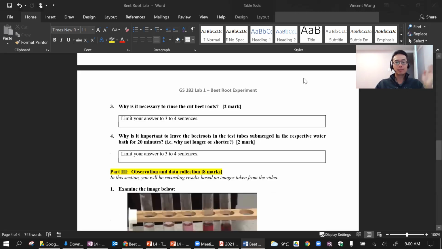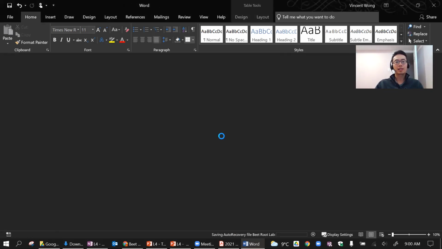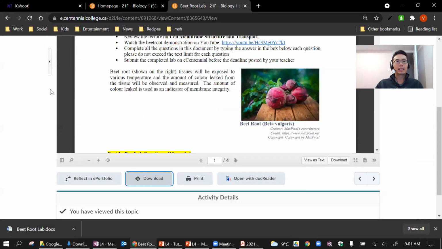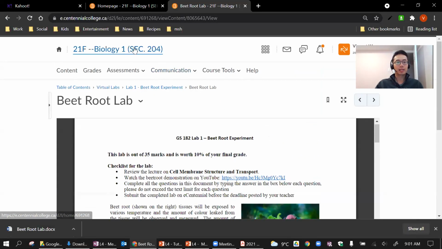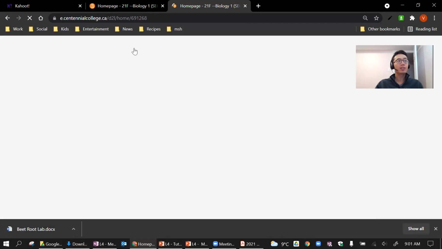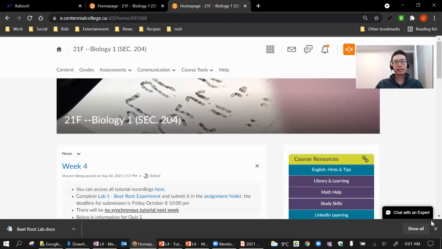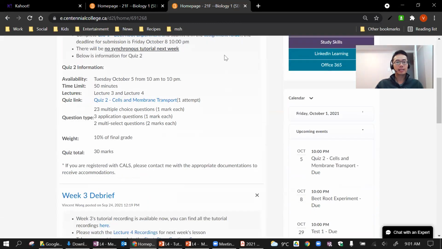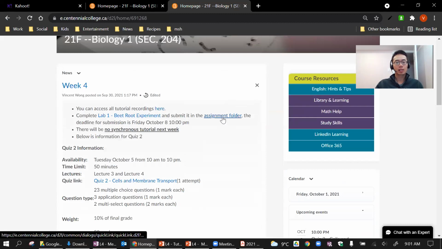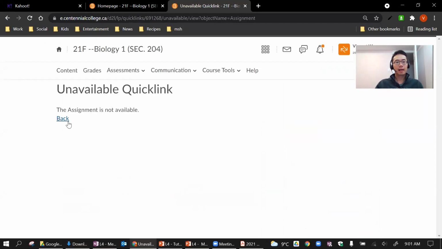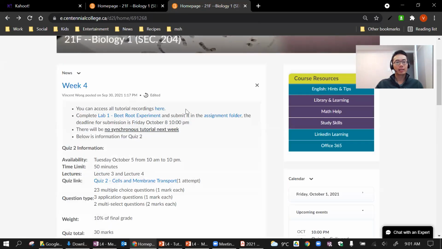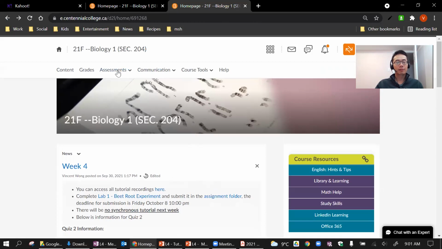So afterwards, you will save. I'm not going to save here, but you will save, and then you will go submit it. So I'm going to go back to the home page, and here is the assignment folder. You just click into it, and the assignment is not available. I'll fix that. I don't know why it's not working yet, but I'll fix it after class.